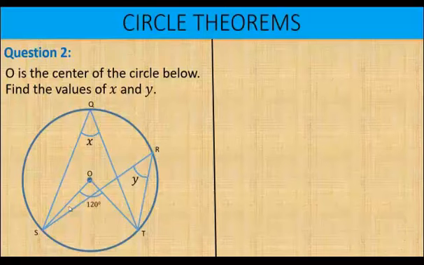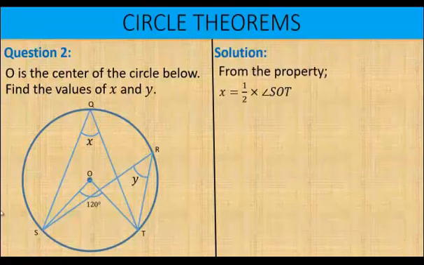We know from the property that since all three angles, the one at the center and the two at the circumference, are subtended by the same arc, the angles at the circumference are the same, and the angles at the circumference are half of the angle at the center. So let's do that.